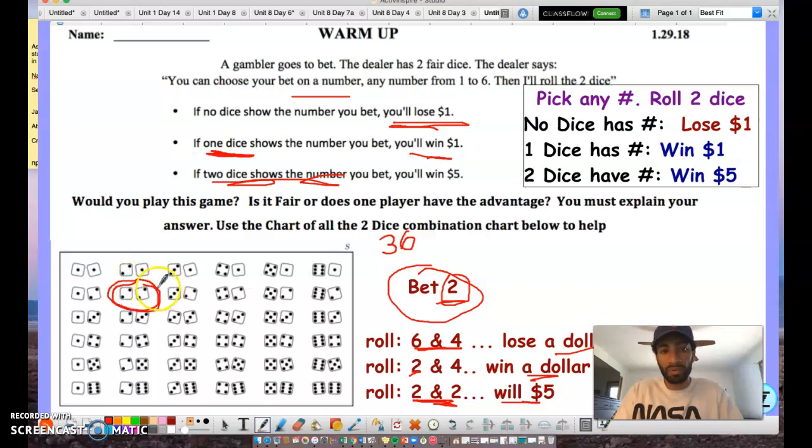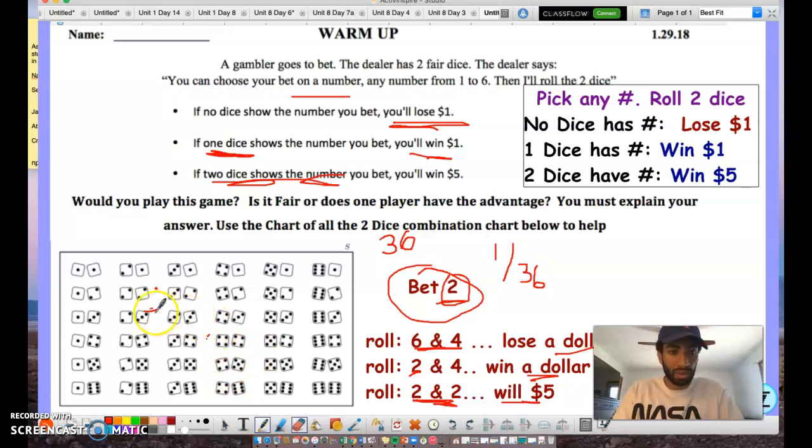Well, for example, if I want to do a 2 and a 2, that's one option out of 36 options. But the same would apply for a 4 and a 4. That's still just one option out of 36 options. It's going to be the same with every number.